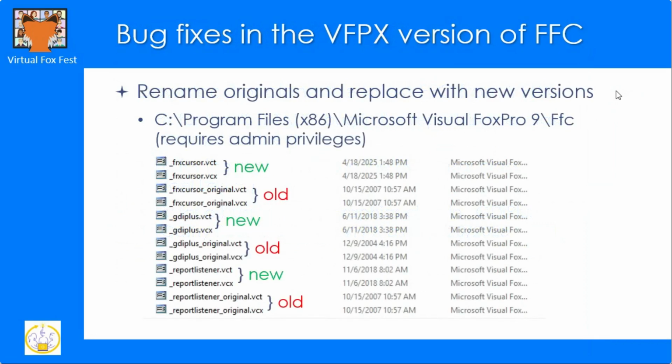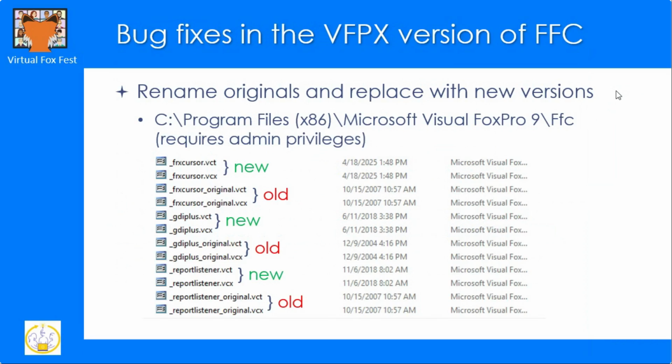When you apply the changes, you're going to be replacing the class libraries for those three in your Program Files x86 folder. So of course, it'll require administrative privileges to do that. My personal preference is to rename the old ones. I used _original, and then to put the new ones in, the ones that contain the fixes from VFPX, under their original names.